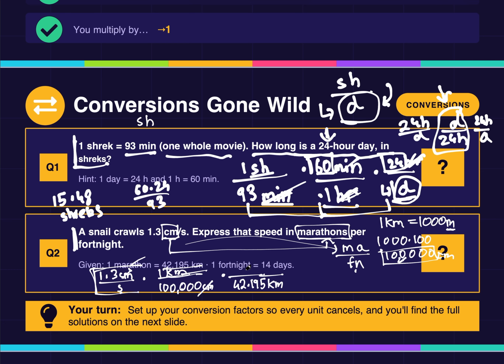And then what's going to be in the numerator? 1 marathon, or 1 MA. Now, I can successfully get 1 marathon on the numerator, right? But the fortnight on the denominator is still not sorted out. So let's sort that out then.